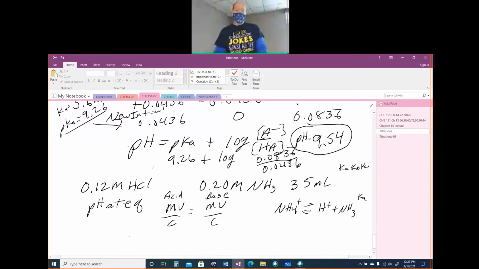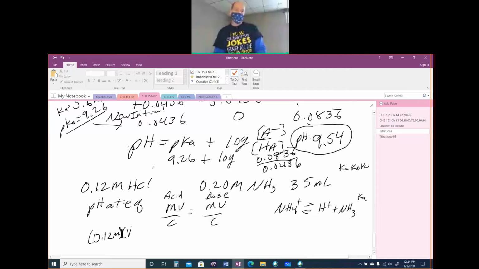All right, so at the equivalence point, we have the molarity of acid is 0.12. The volume of acid, we don't know. We are adding it until it hits the neutralization point, where moles of acid equal moles of base, as long as they are 1-to-1, which it is, and the coefficients are 1.